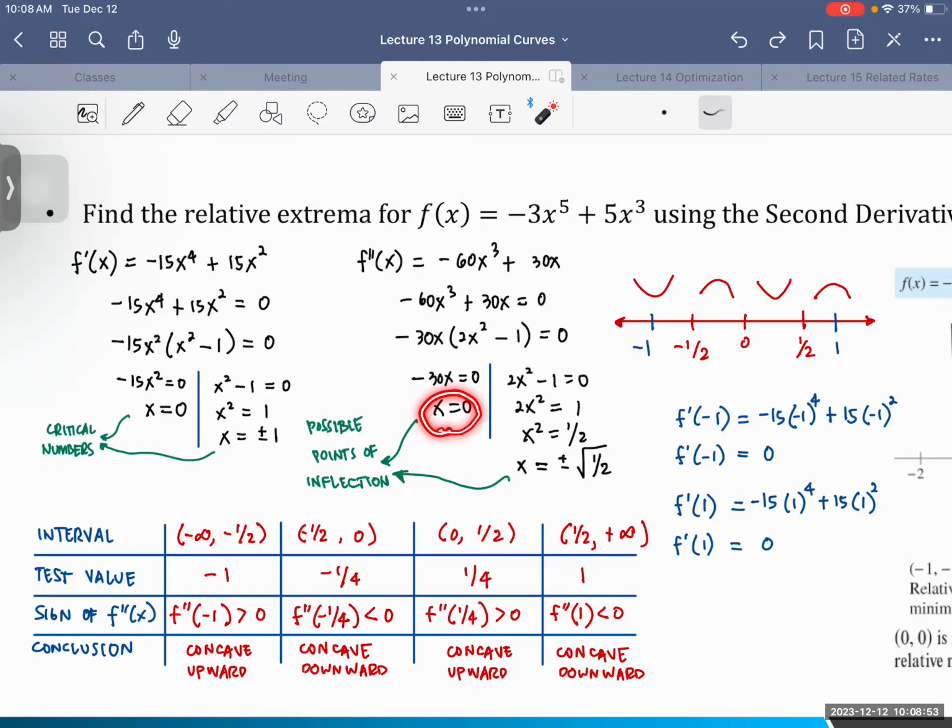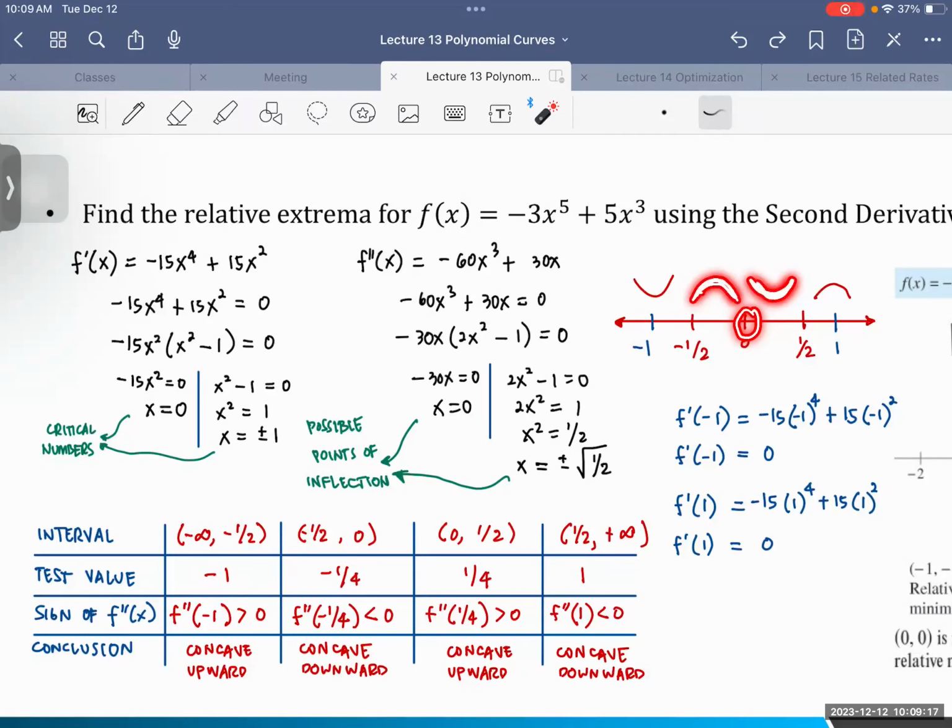So karon nagduha-duha na ka, is it a point of inflection or a relative extrema? Kung tan-awon na nato karon class, concave downward dira ni interval. Naa kay concave upward. Karon ang imong 0 naa diri. Kung ga-connect na sa duha class, it's impossible that it is a relative extrema.